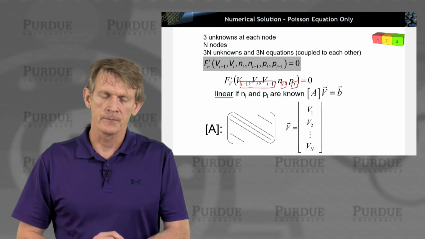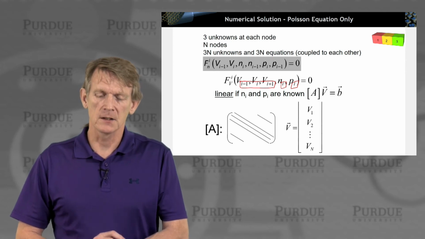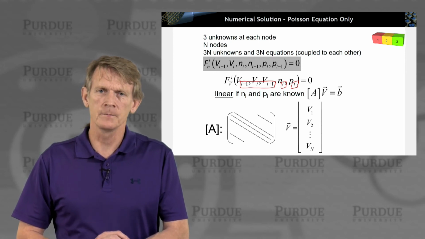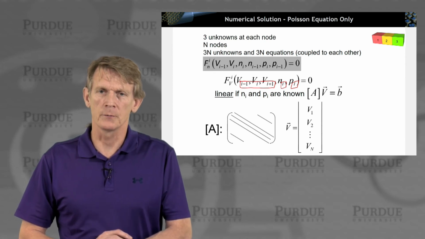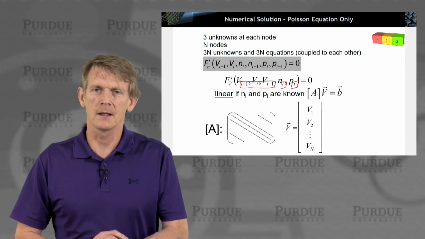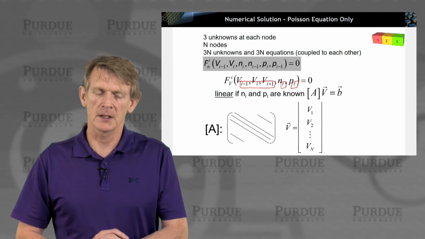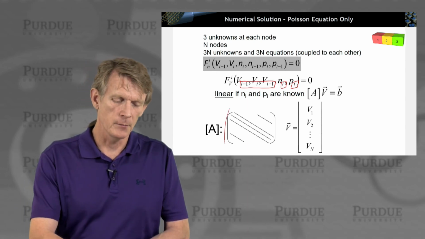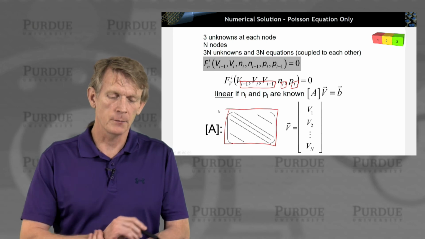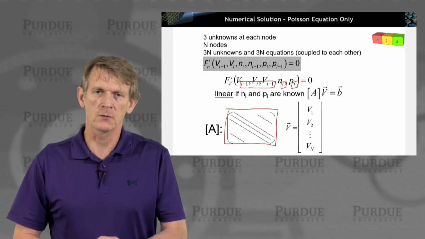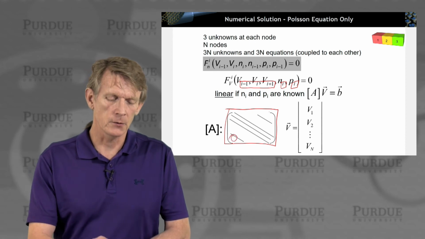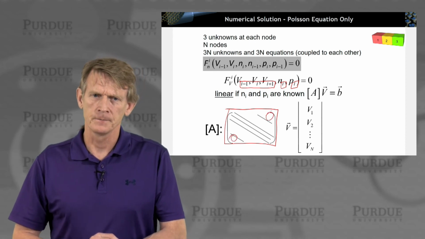So we are representing this expression of the functional that we had written down as AV equals some B, and V is the solution vector of the system that we want to compute. We want to compute these n unknowns, and we represent this expression by a matrix that is typically in this form as written down in one dimension. It's tridiagonal, and it has some boundary conditions at the edges.